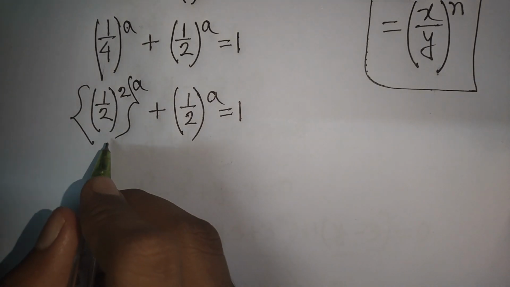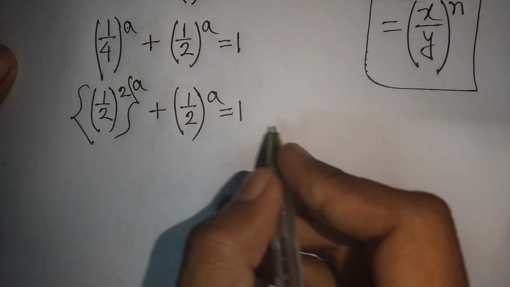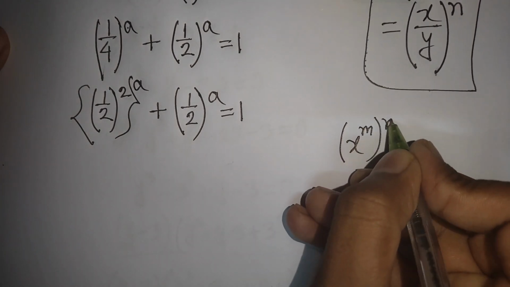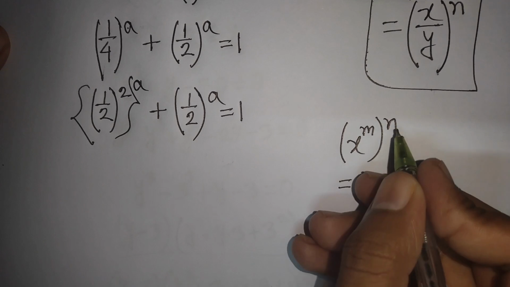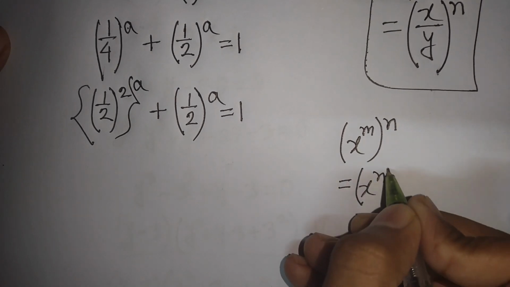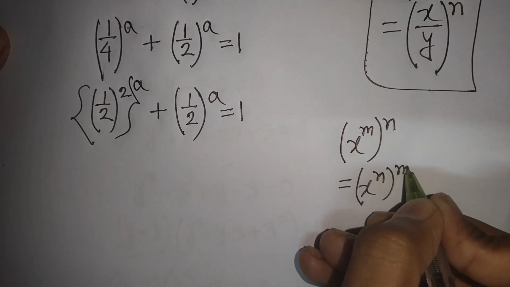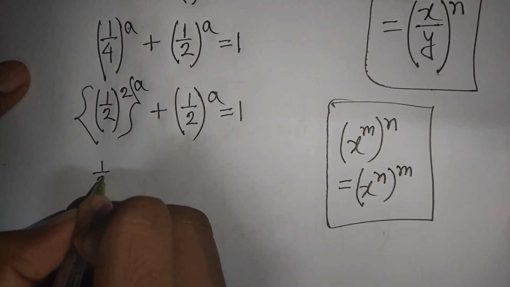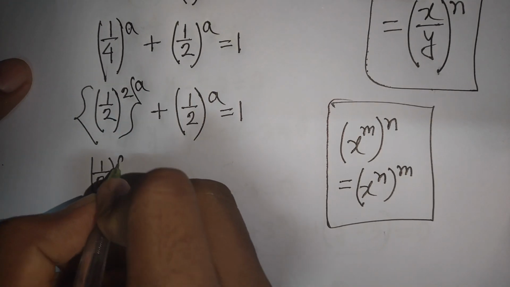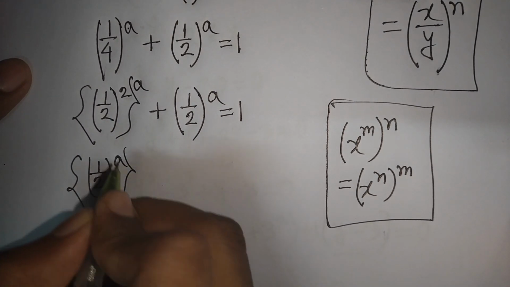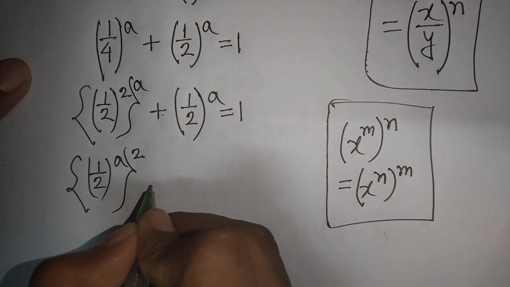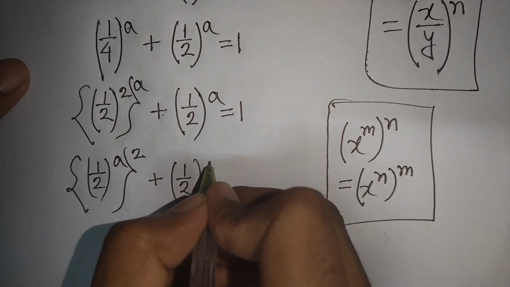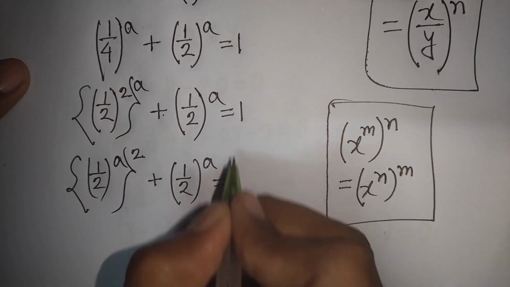Now here you can apply the rule that (x^m)^n is equal to (x^n)^m. So according to this rule, I can write here ((1 by 2)^a)^2 plus (1 by 2)^a is equal to 1.